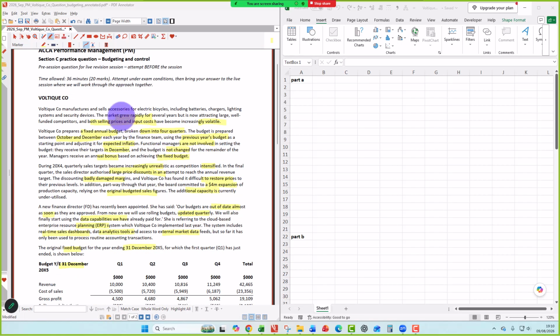I've also been through and I've highlighted key points. Now, the reason I think it's important to highlight key points is the examining team generally take a lot of time and effort and energy to put things into a question, and they rarely put things in that they don't want you to pick up on. So this process of going through and highlighting key points can help you, particularly if you get stuck on something to say.